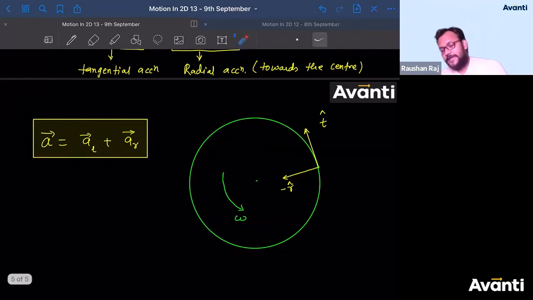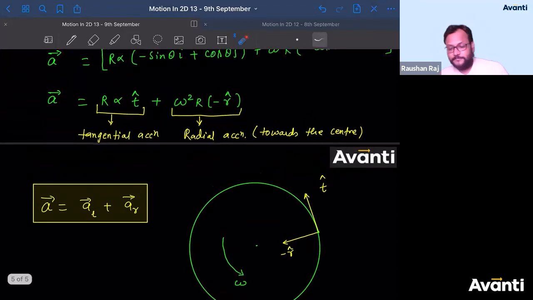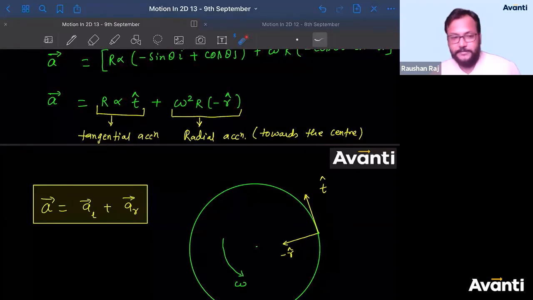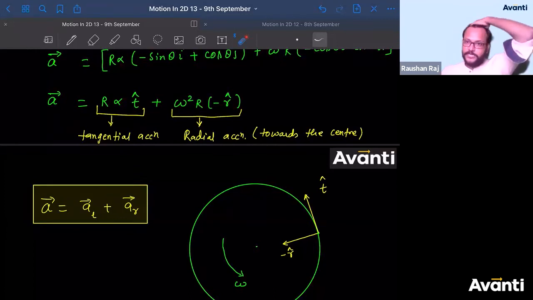Tell me which one of them can never become zero. Radial or tangential? Which one of the components of acceleration can never become zero? Think about this and give me the answer.